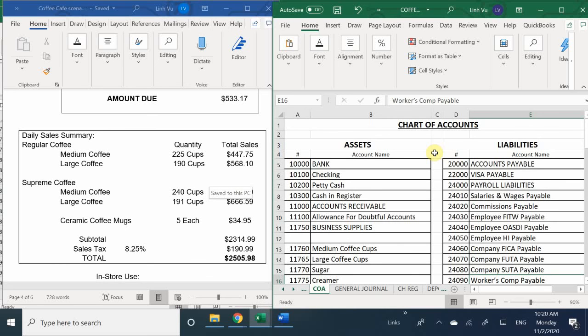An asset? I don't know. An asset is something you own. We owe it. So what does that become? If you owe it. Account payables.